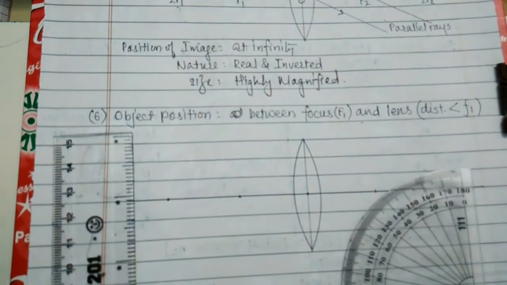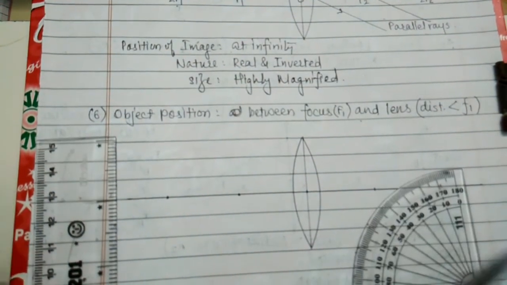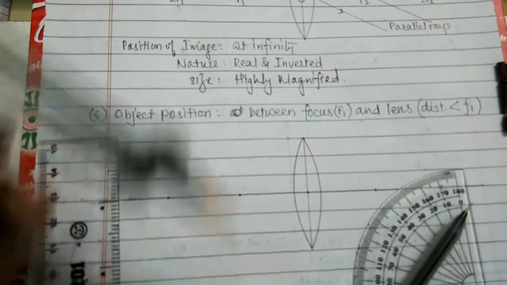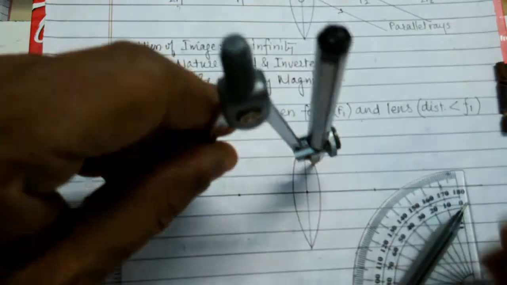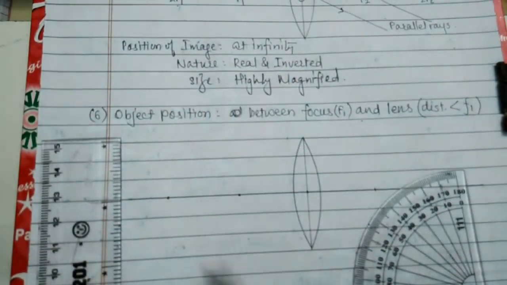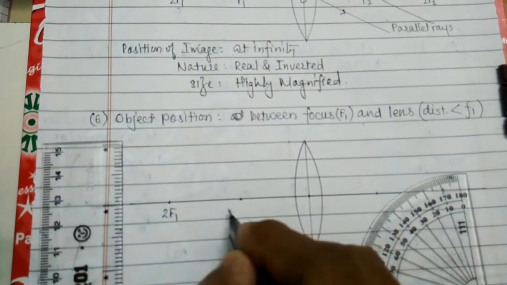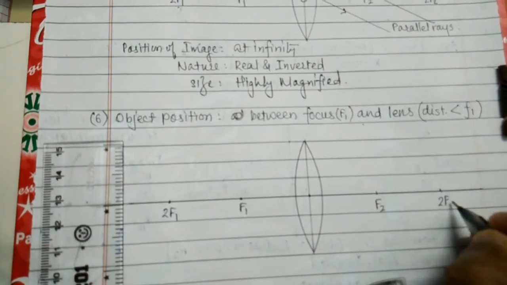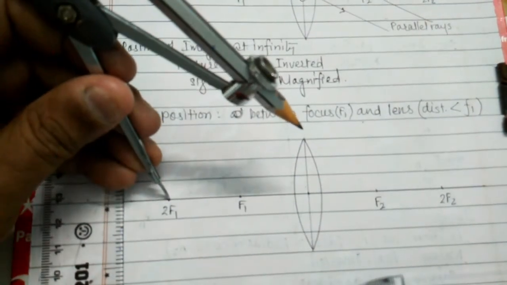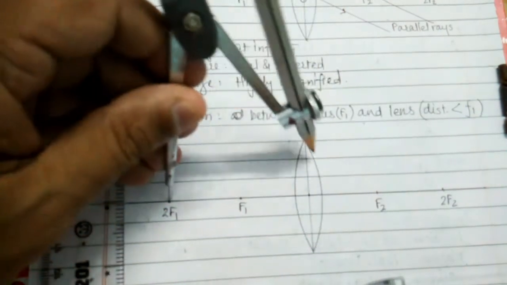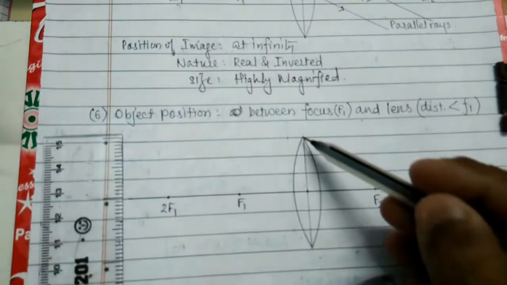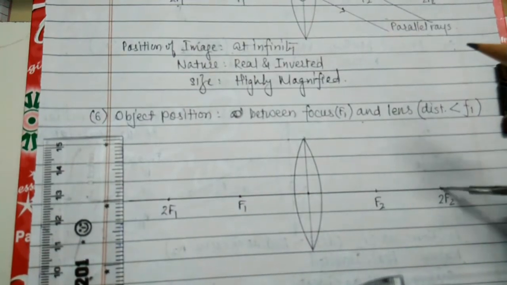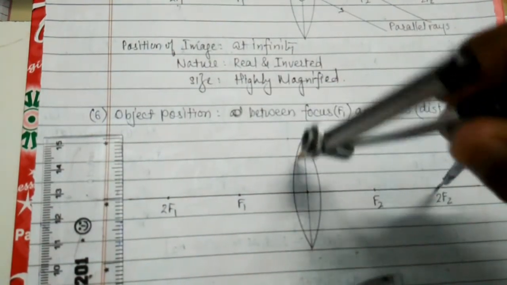If you don't have this protractor, use this, and radius, this is the arc. From 2f1 you have to draw an arc joining these 2 points of the central line, and on the other side, the same arc.